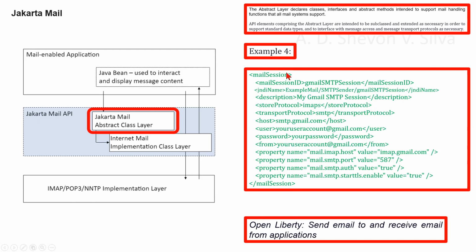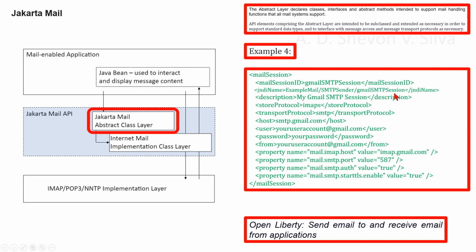The name of the WAR file is exampleMail. The class name is SMTPSender, and the name of the jakarta.mail.Session object is gmailSMTPSession.